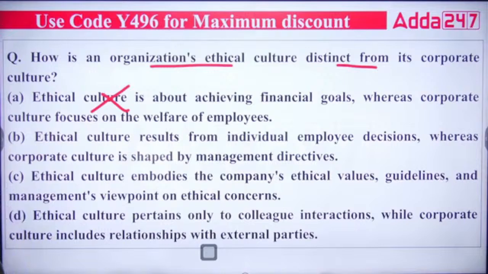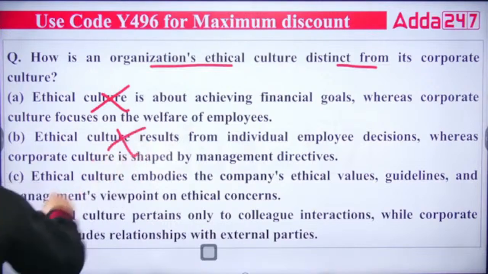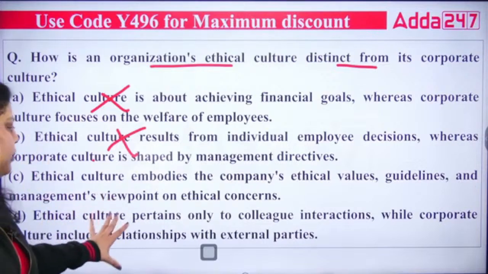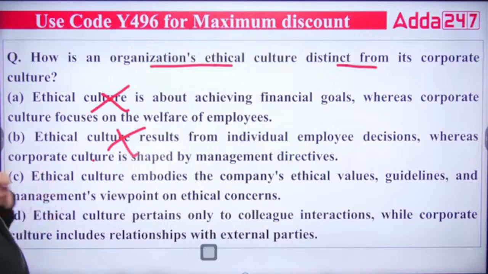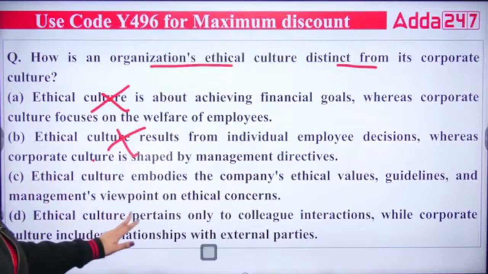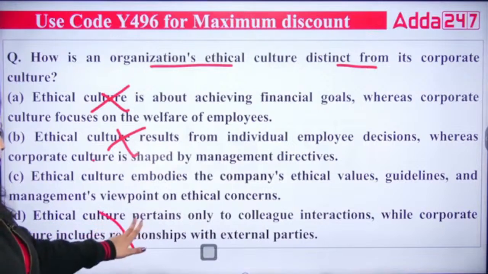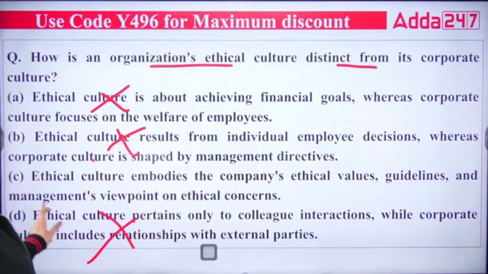Second, ethical culture results from individual employee decisions, whereas corporate culture is shaped by management directives. Not true. Third, ethical culture embodies the company's ethical values, the guidelines, and the management viewpoint on ethical concerns. This might be true. Fourth is saying ethical culture pertains only to collegial interaction, while corporate culture includes relationships with external parties. No. So right answer will be C.